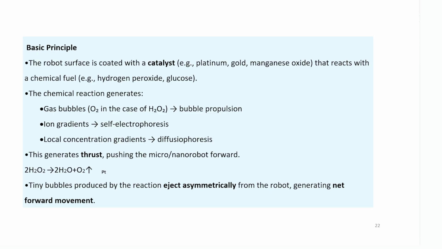These oxygen bubbles are released asymmetrically, and are going to propel this bot forward. So tiny bubbles are being produced and ejected asymmetrically from the surface of the robot, generating the net forward motion in the fluid.